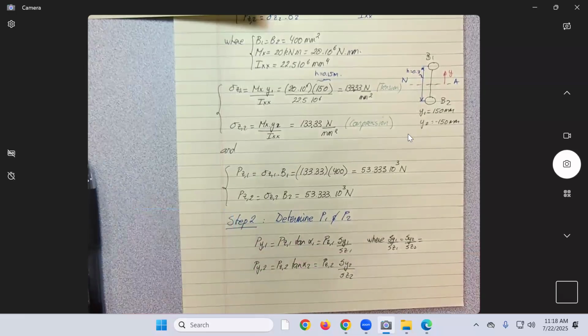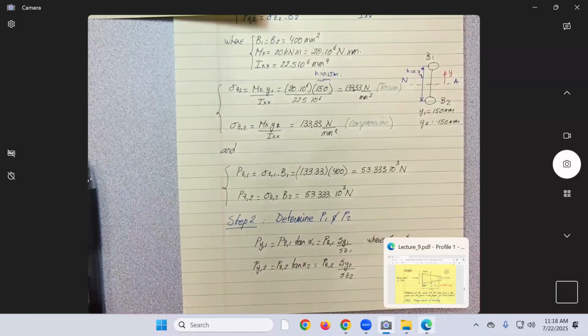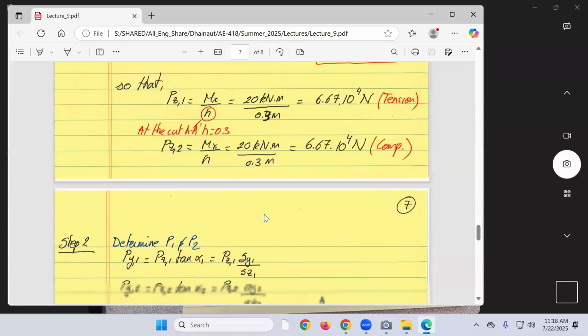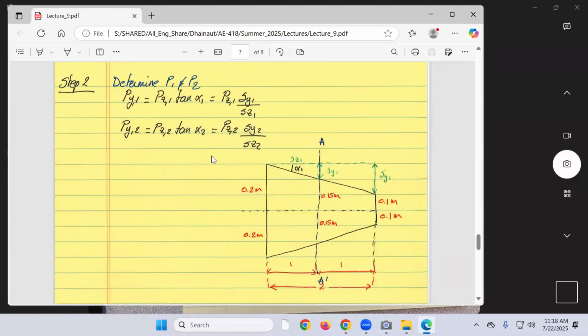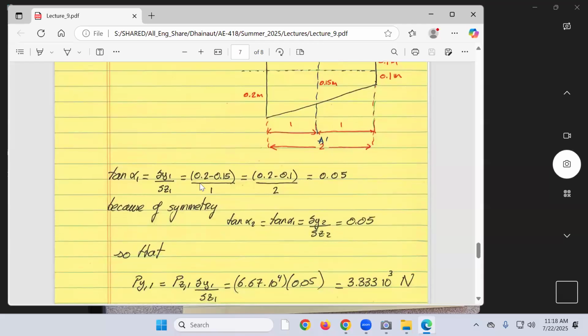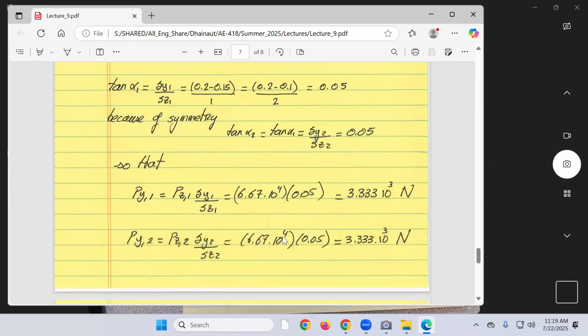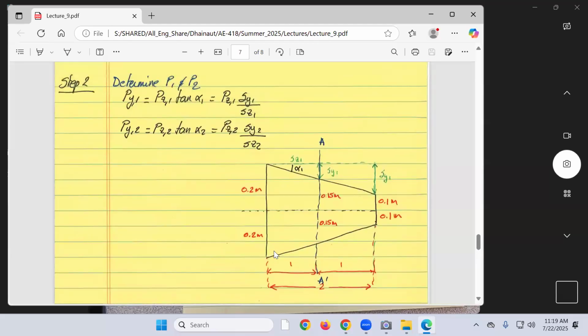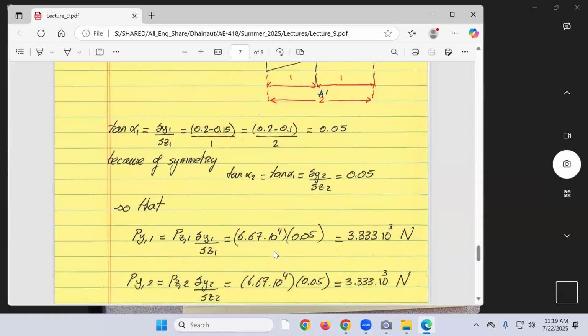Okay, so from the previous example, I'm not going to redo it. Remember the step I told you that's doing this figure? We see that tangent alpha 1 will be this height against this length, and we calculated this to be equal to 0.05 for both of them. Here you have it, from the previous step 2.